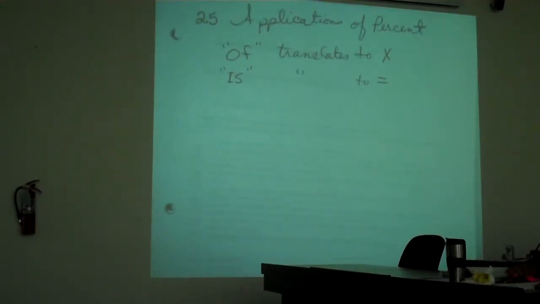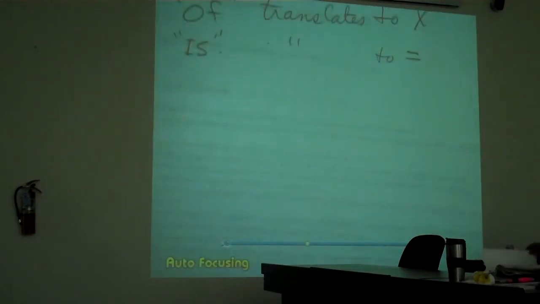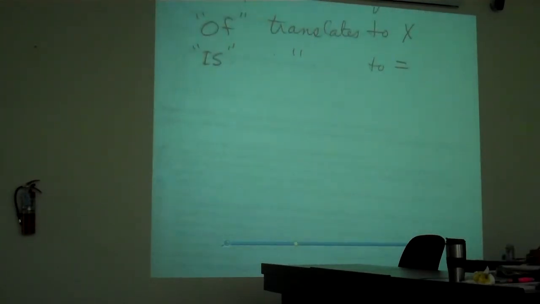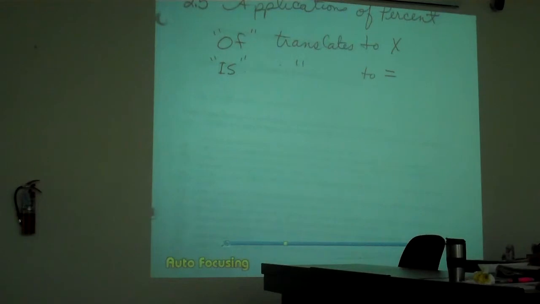Okay, today's lecture is going to be on 2.5 and 2.6. 2.5 is applications of percent problems. If you look at a percent problem, like if it says 25% of something, the "of" translates to multiplication.